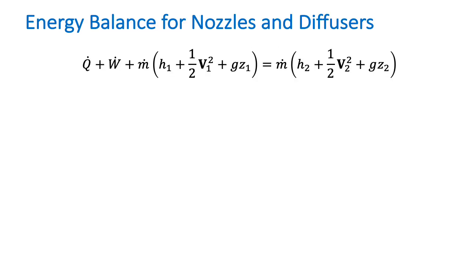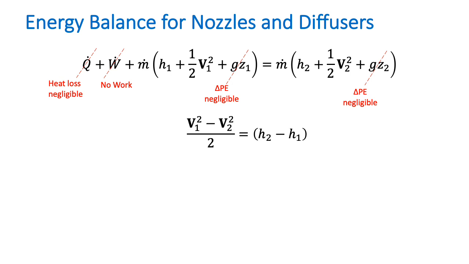We can start with our basic energy balance equation. The heat loss is negligible, there's no work done, and potential energy changes are negligible. So in this case, m dot would cancel out on both sides of the equation. And we are left with the expression that (V1 squared minus V2 squared) divided by 2 is equal to H2 minus H1. Now for a nozzle, V2 is much greater than V1. So let's assume that V1 is negligible, approximately equal to 0.